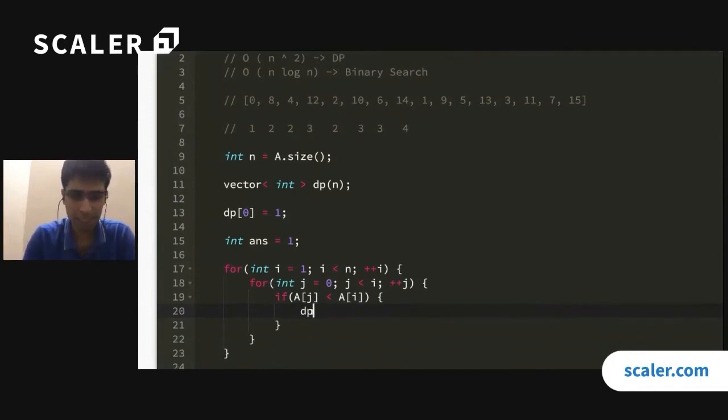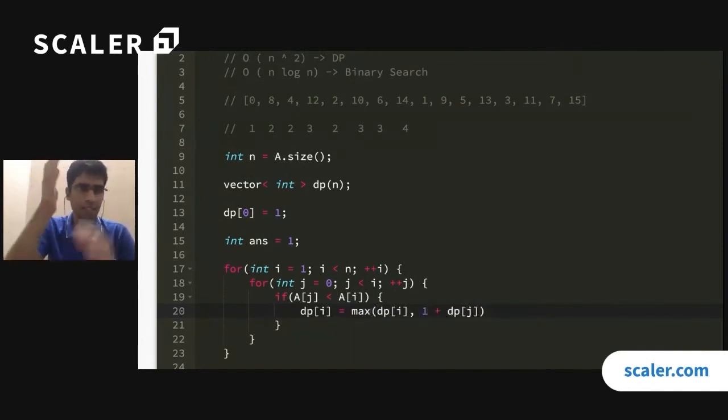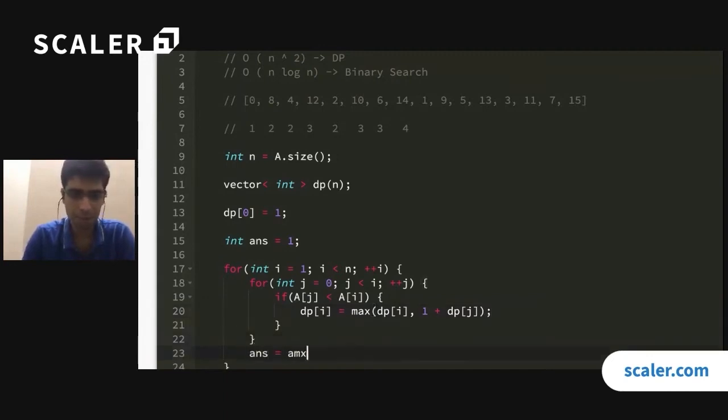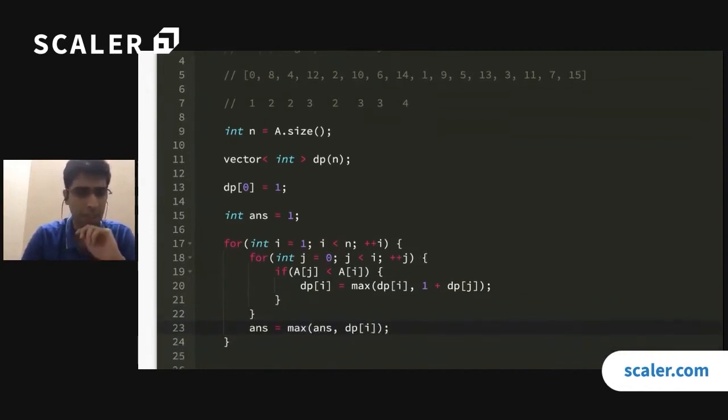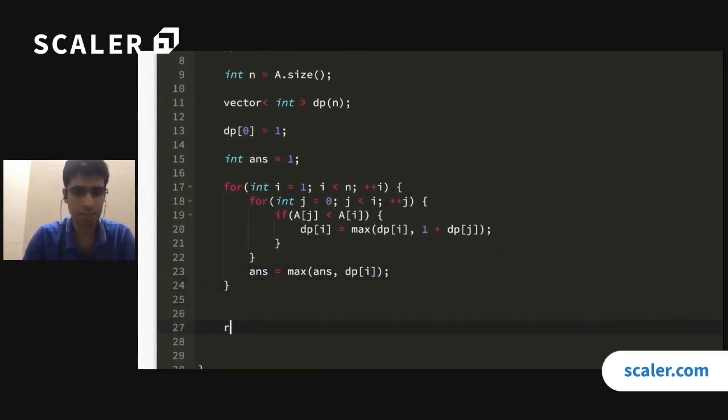Then I can say dp[i] is equal to max of dp[i], comma, 1 plus dp[j], right? Basically the length of the subsequence at that particular number plus adding the current element. Okay, great. So now my answer will become max of answer, comma, dp[i], because I have to find the largest length. And finally, I can return the answer here.